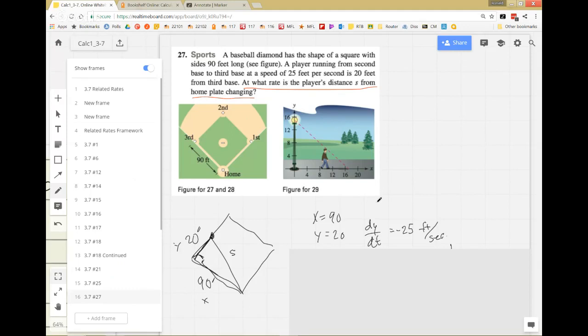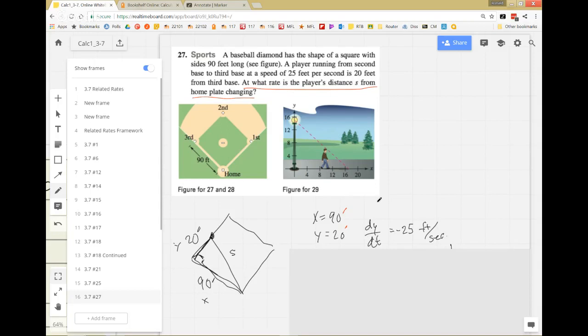So anyway, x is 90. Actually, that's a constant because in this problem, he never gets between third base and home plate. So that 90-foot mark just stays. At the moment, y is 20 feet. The speed he's going, dy/dt, is negative 25. Why is it negative 25?